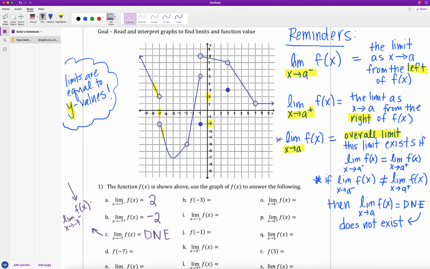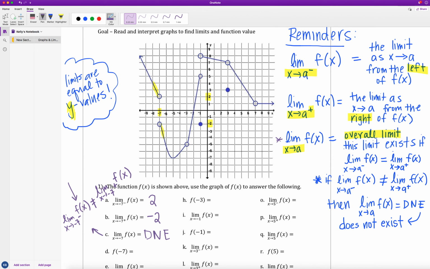So because that limit from the left does not equal the limit as x approaches -7 from the right-hand side of f of x. So since the limit as x approaches -7 from the left of f of x does not equal the limit as x approaches -7 from the right of f of x, then the overall limit here does not exist.